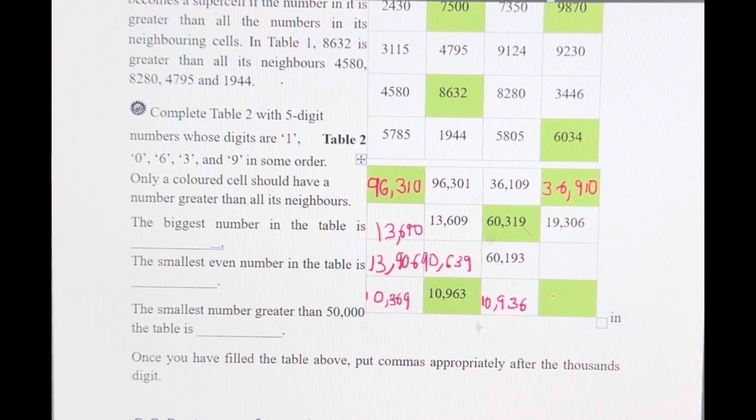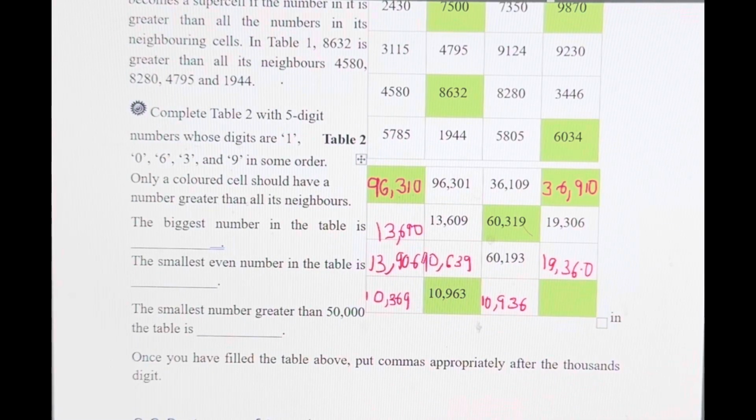Now this is again a supercell, so it should be greater than these two numbers. So first we write down the number here, and it should be a smaller number. So we take 19360. And the number we are writing over here should be greater than both of them, right?